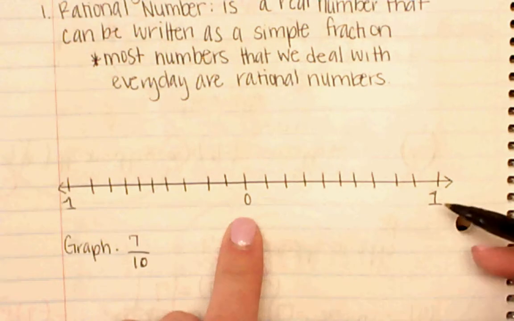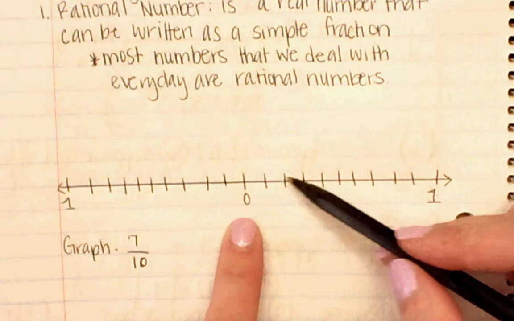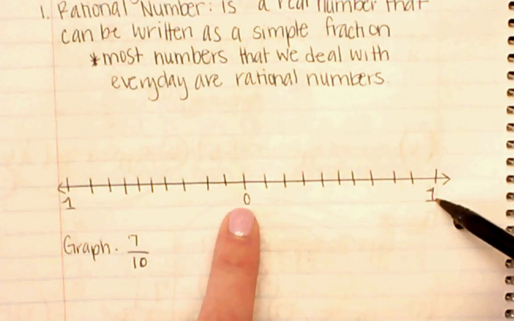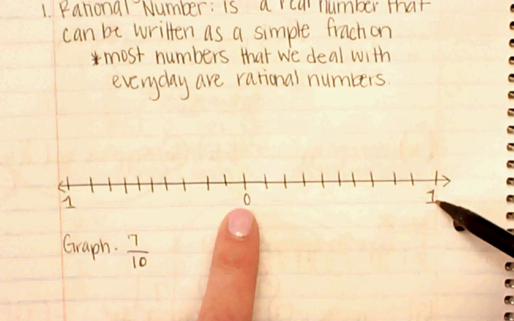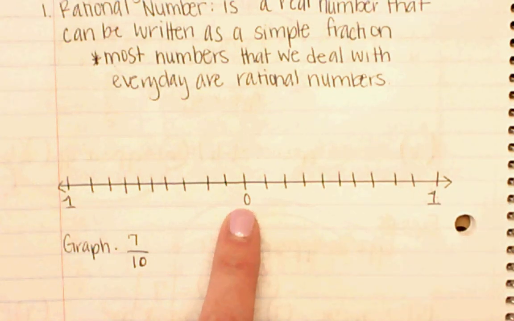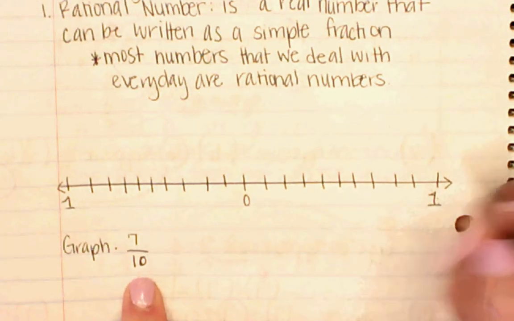So we see 0 here and 1 here, so all of these aren't going to be like 1, 2, 3, 4, 5 because 0 and 1, those are whole numbers. That means the tick marks in between 0 and 1 are going to represent decimals or fractions. I'm going to go with fractions to make it easiest for us, unless it specifies otherwise. And you can also see we're dealing with fractions here, so we're going to label it fraction.